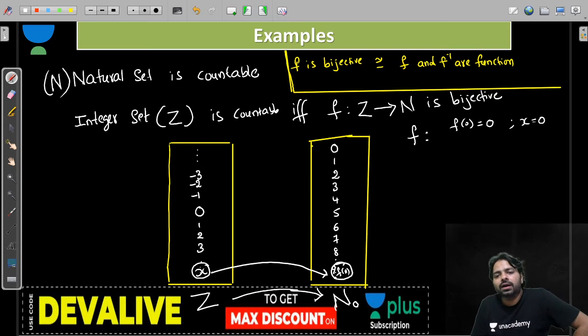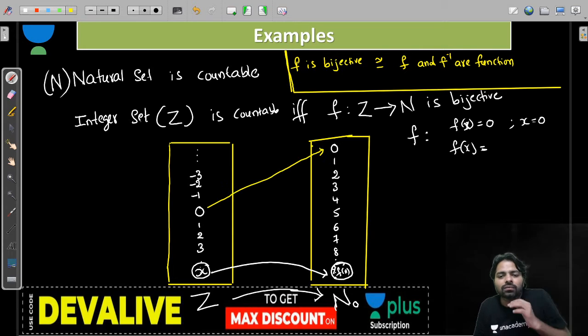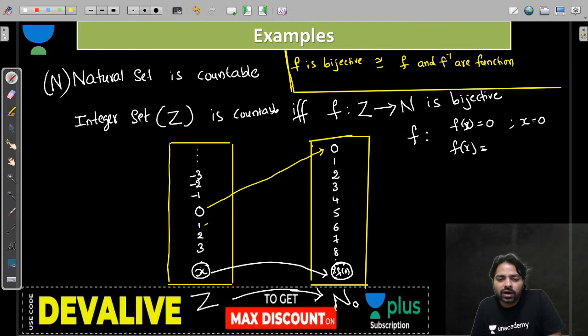Now I am trying to find out f of x only, guys. Now look at what I am going to map. 0 you map to 0. Now onwards I will do one thing. 1 I map to 1. Minus 1 I am going to map to 2. And 2 maps to 3.